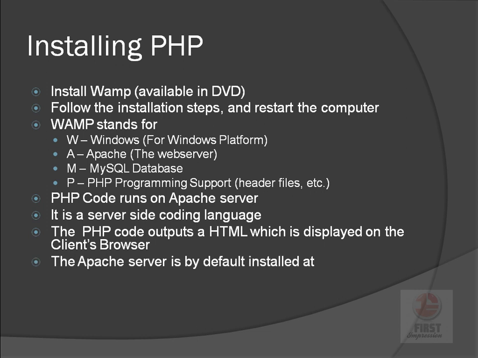The Apache server that you will be installing will be by default installed at http://localhost. So if you have installed WAMP on your computers and you go to your web browser and type http://localhost, then you'll be able to get the web page of PHP. First of all, we have to dissect the word localhost.